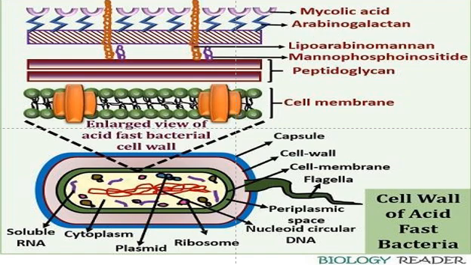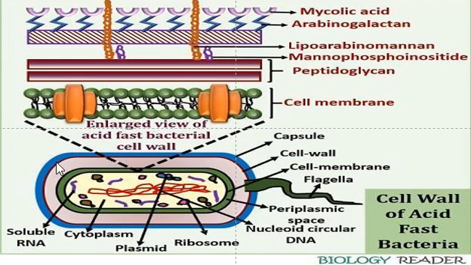All right, now if we dig deep into the cellular level and examine it very carefully, let's take the cell wall of acid-fast bacilli, particularly TB bacteria.